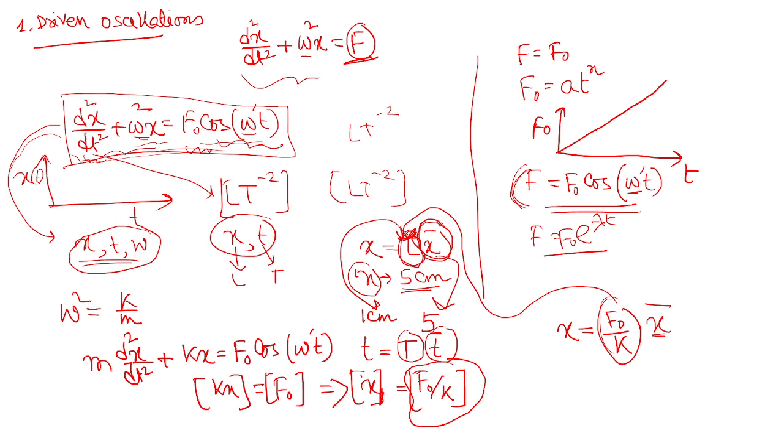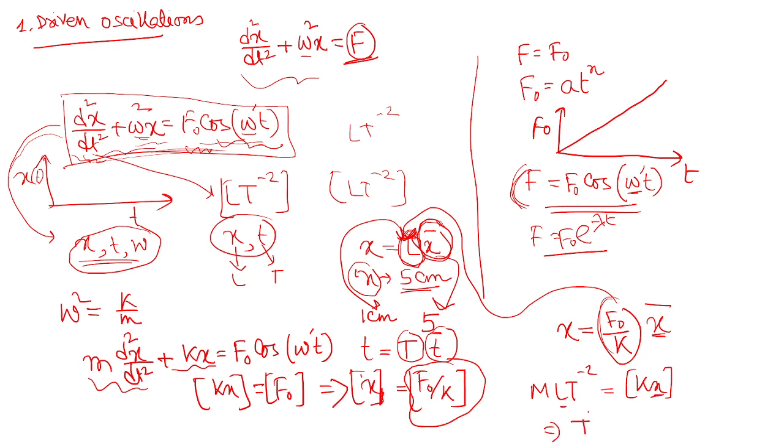From these two terms, we can see that the dimension of the first one is m l t to the power minus 2, and that should be equal to the dimension of kx, and x has dimension of l.